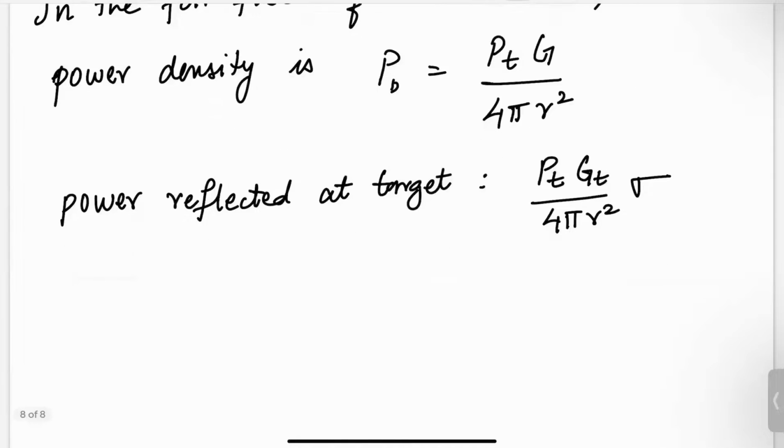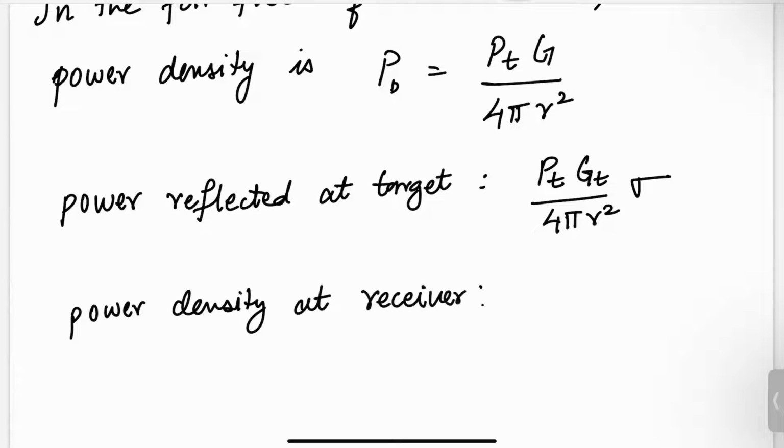So now again, we go back and do what we did at the first step. So we say, okay, then what is the power density at the receiver? The power density at the receiver is, again, same trick. You have some power that was radiated, and then you have to multiply that with the 1/4 pi r squared, right?